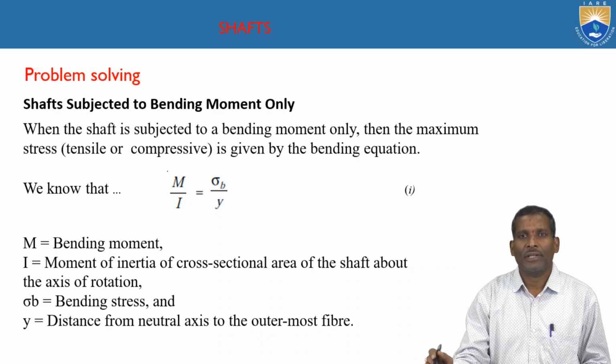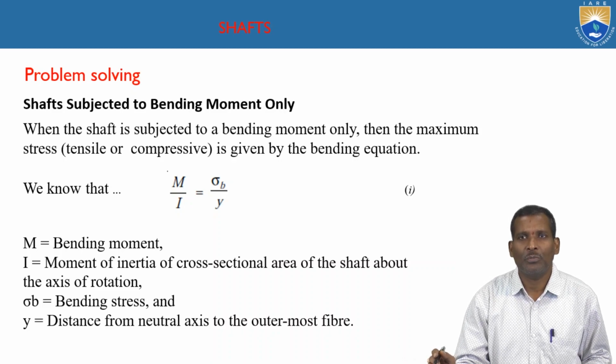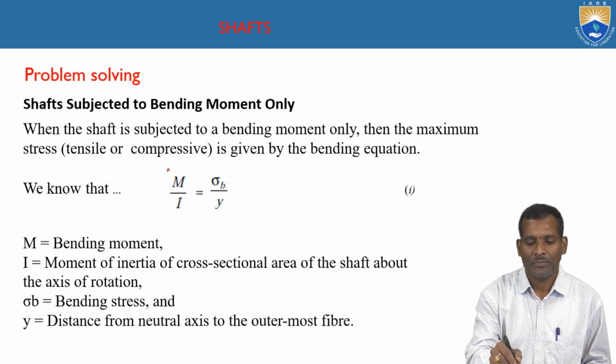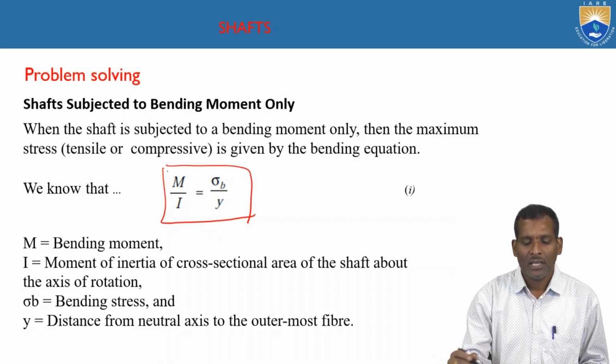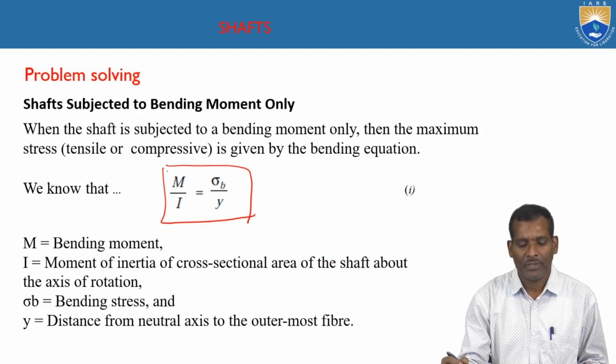When the shaft is subjected to bending moment, the maximum stress, tensile or compressive, is given by the bending equation. What is that equation? Here the bending equation is M by I is equal to sigma b by y. Here M is the bending moment, I is the moment of inertia, sigma b is the bending stress, and y is the distance from the neutral axis to the outermost fiber.